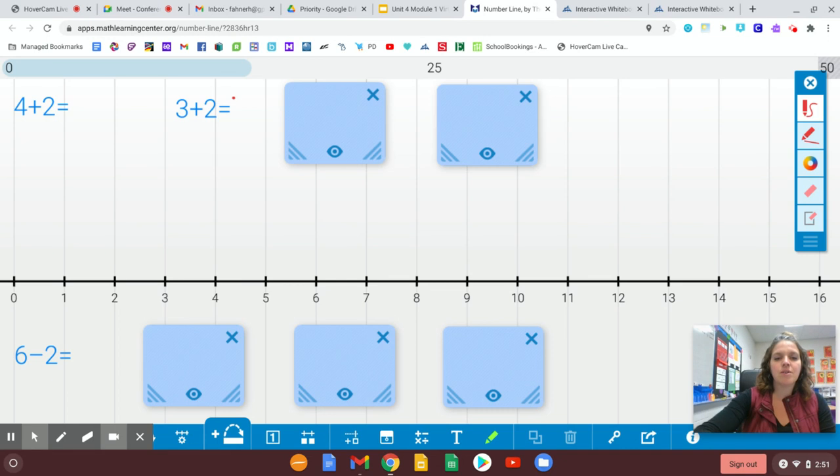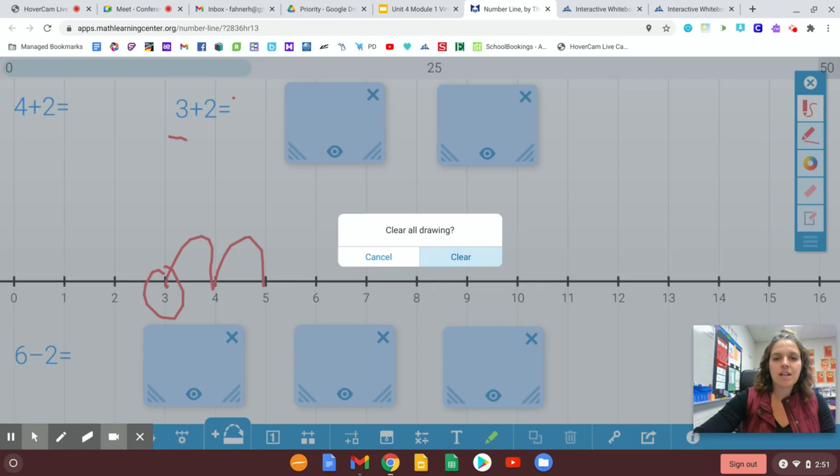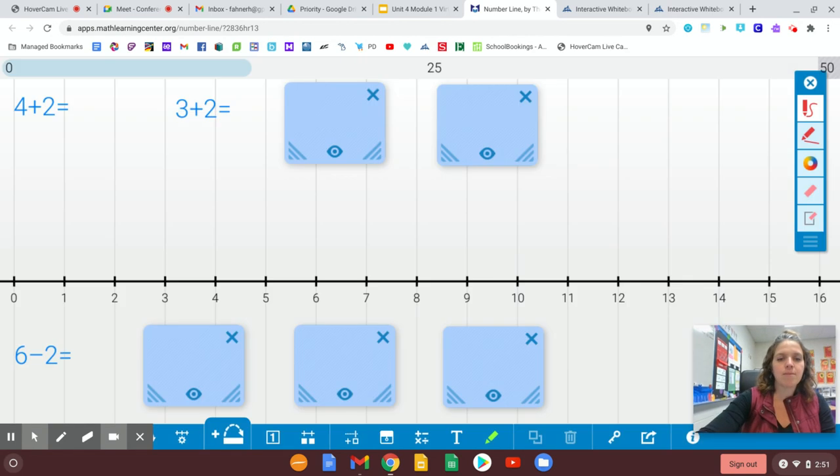That's the way that I'm going to do it. I'm going to start at my big number 3, and I'm going to take 2 hops. 1, 2. What's my answer, everybody? 5. You got it. Let's take a look at my subtraction problem.